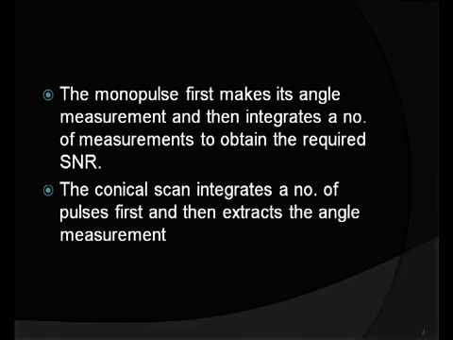The monopulse first makes its angle measurement and then integrates a number of measurements to obtain the required SNR. The conical scan integrates a number of pulses first and then extracts the angle measurement.